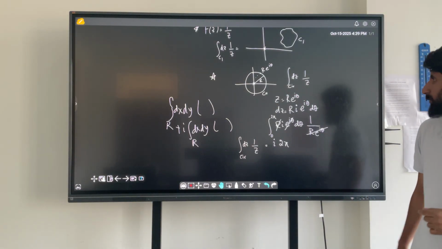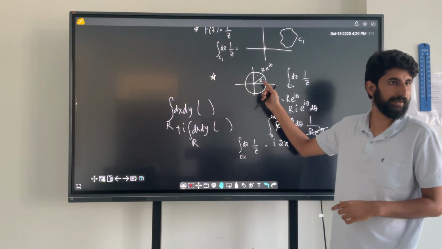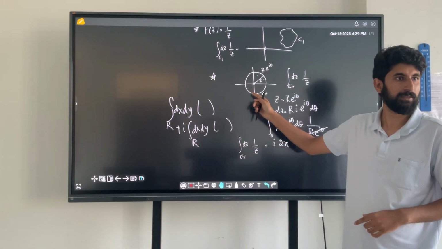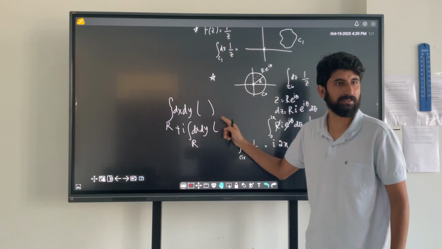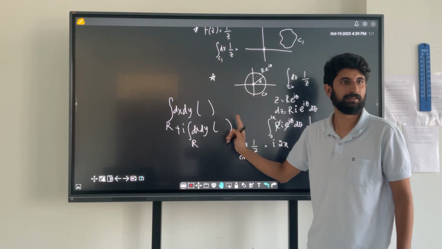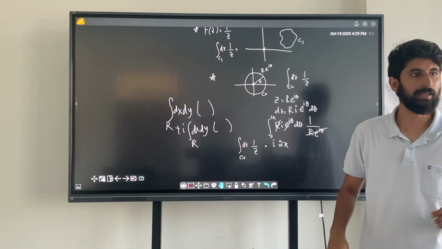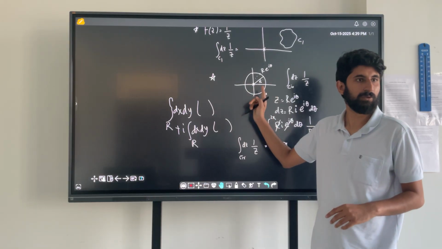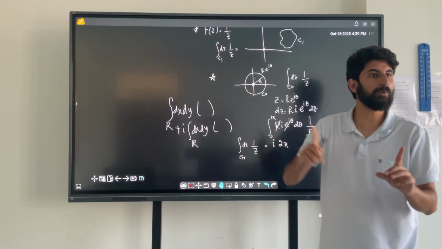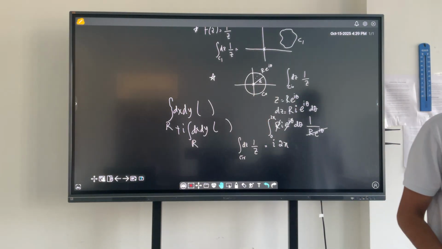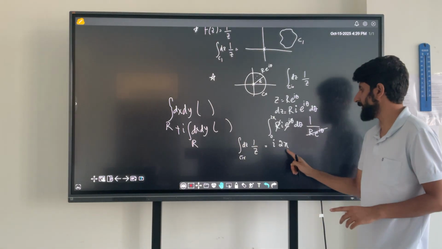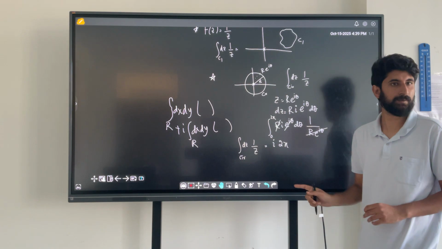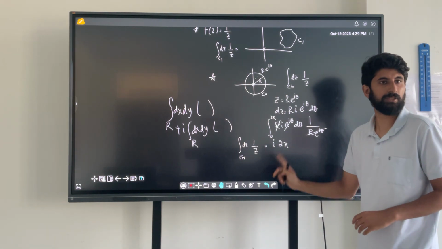So this thing in the brackets vanishes everywhere, because the Cauchy-Riemann equations hold, except at the origin. That's the only point where you will get something non-zero. And I computed this integral already. The total answer is 2π i. So where should this contribution come from?